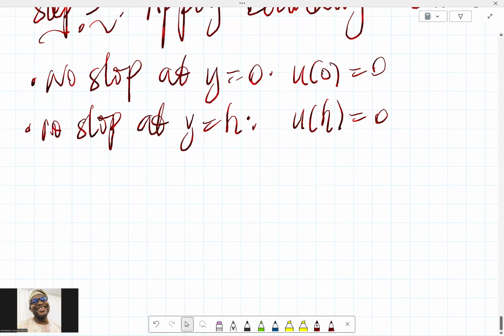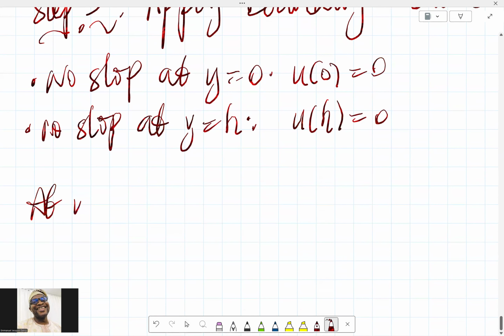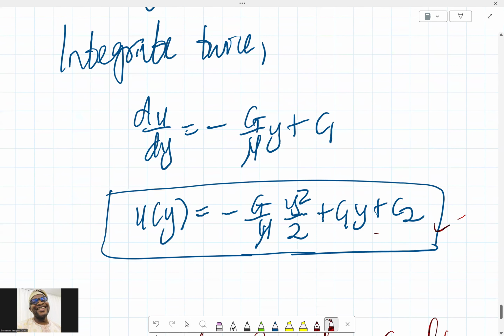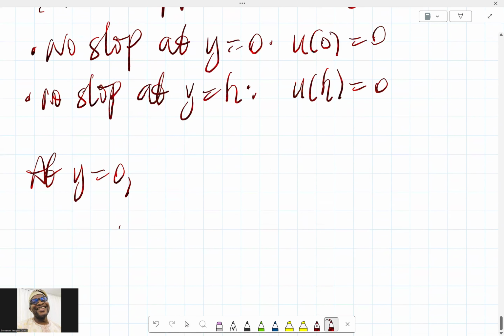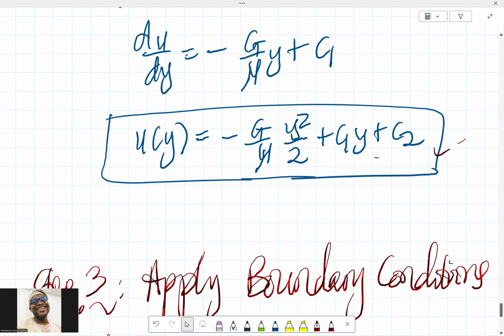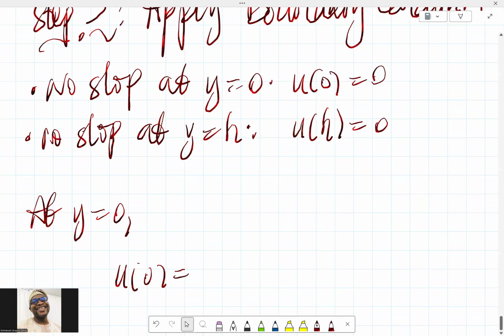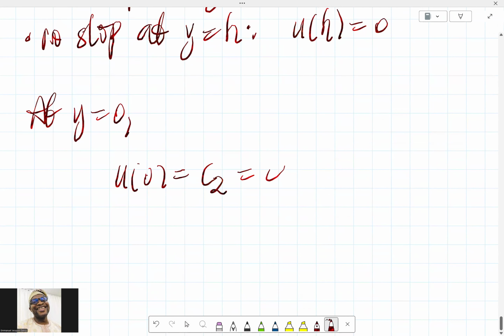At y equals 0, we refer to our expression. So u of 0 equals, since y is 0, y squared goes, and c1y also goes. We have only c2 left. So we have u of 0 equals c2, and this is 0. So that simply means c2 is equal to 0.